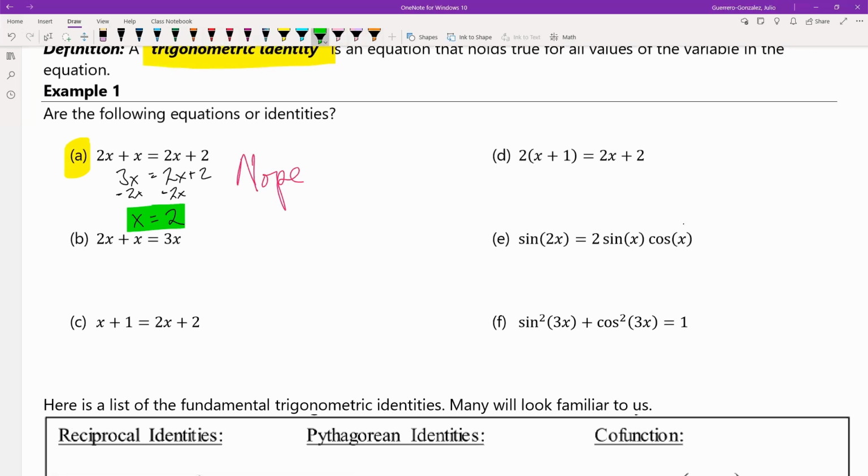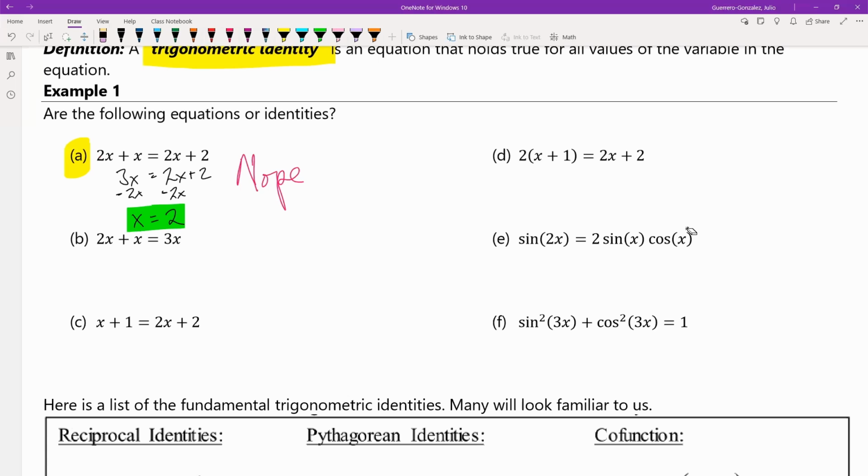The reason it's not an identity is because the left-hand side is equal to the right-hand side only when x is equal to 2. In order for it to be an identity, it needs to be true for anything that I can possibly plug in for x.